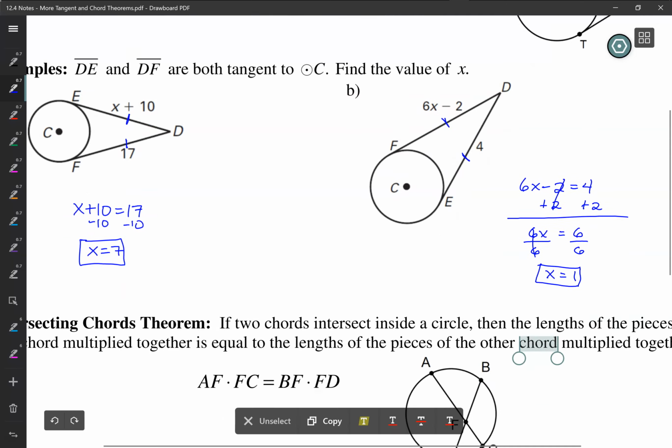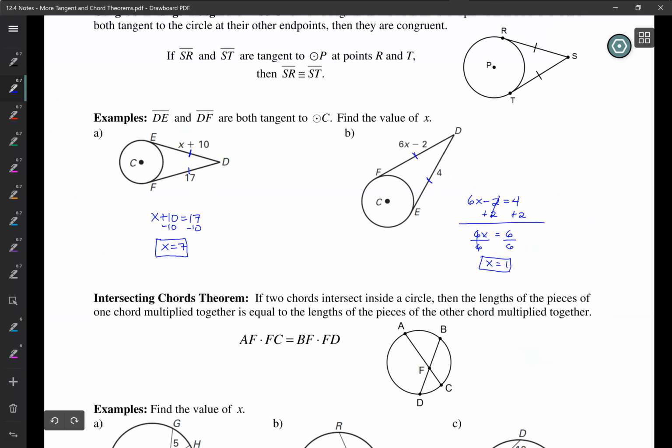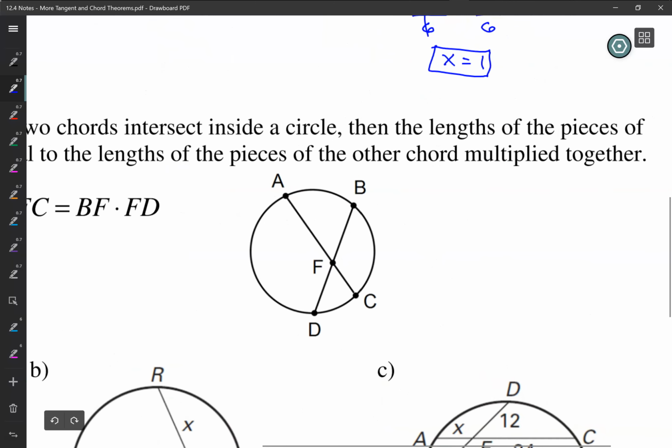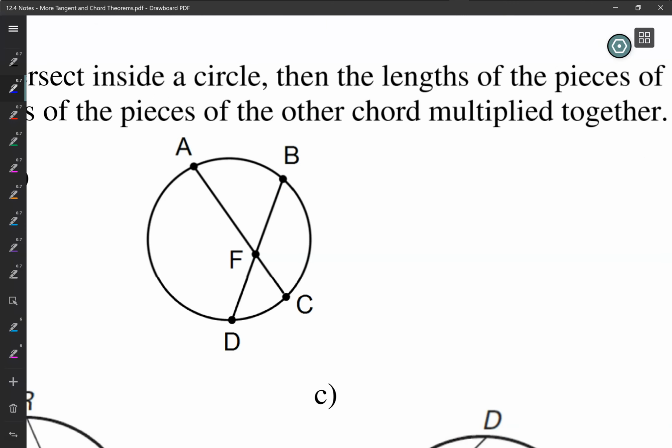Okay, the other theorem is a little harder to remember. This has to do with two chords that cross inside a circle. So you get this X shape inside a circle.